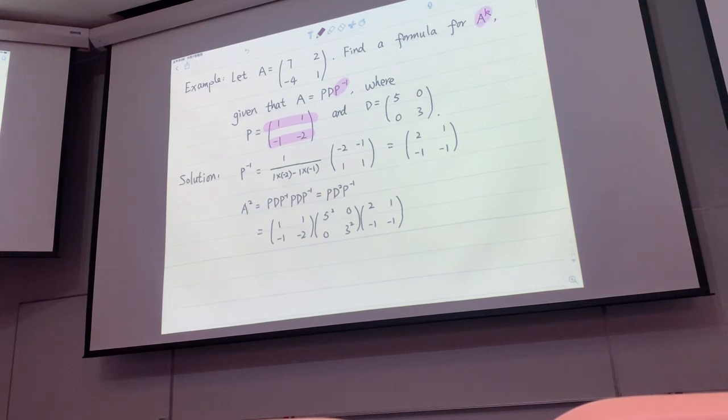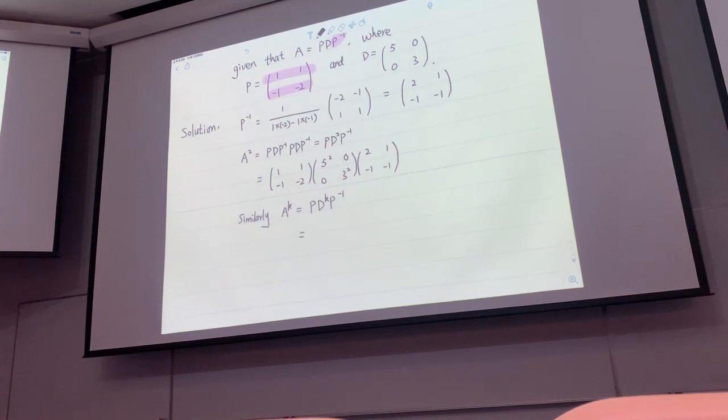Now you can see that similarly, A to the power k is just equal to P D to the power k P inverse, right? And this is equal to 1, 1, negative 1, negative 2 times 5 to the power k, 0, 0, 3 to the power k, times 2, 1, negative 1, negative 1.